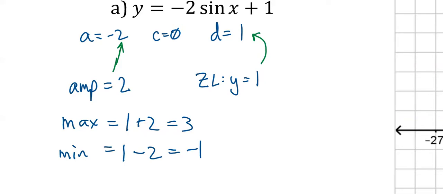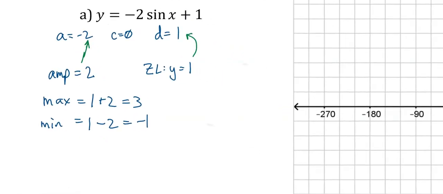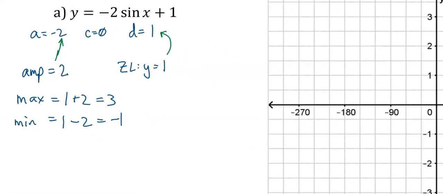Super easy. And there's no horizontal shift, so we don't have to worry about where we start, and we're not changing any of the scale, so we don't have to worry about squares. It's 3 squares. You could write that down if you want. 3 squares to next point. And it starts at 0.